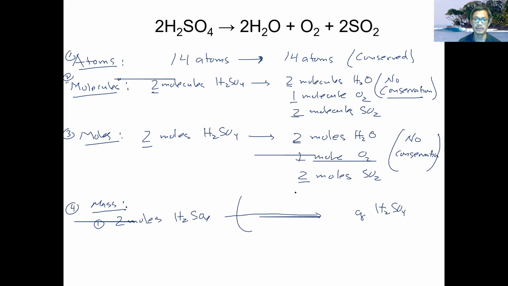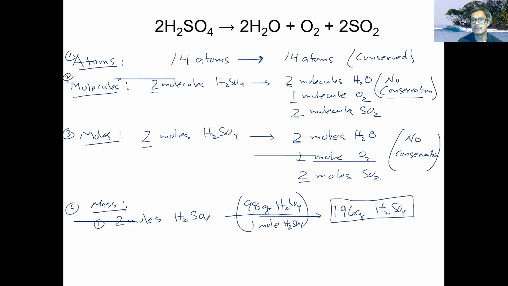And so then we plug in here the molar mass of H2SO4, okay, which is going to be 98 grams H2SO4 for every 1 mole of H2SO4. And from that, then we should end up with 196 grams. So the idea then is if we start out with 196 grams of H2SO4, heat it up, okay, and get it to decompose, we should end up with these quantities here.